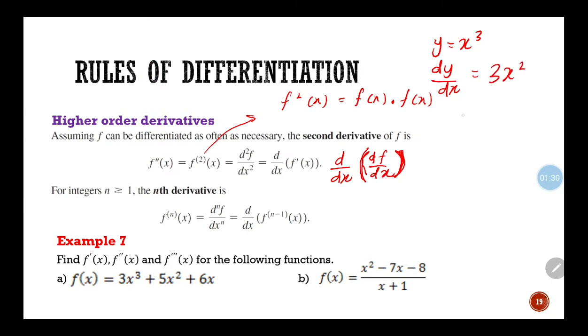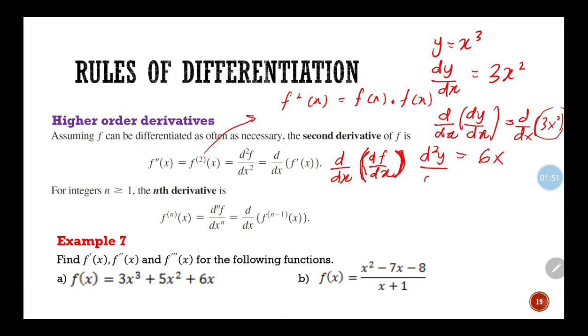Okay, then next you differentiate lagi. Okay, maknanya d/dx of dy/dx. Okay, differentiate lagi yang ni, d/dx of 3x square. So dari sini akan dapat, differentiate 3x square, you akan dapat 6x. So yang ni adalah d square y over dx square kita panggil, ataupun we call it as y double prime.